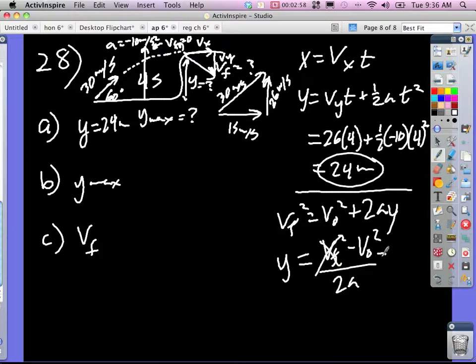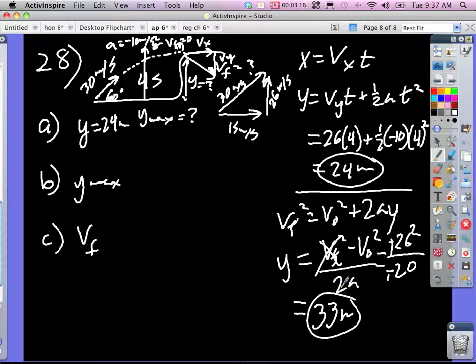That, of course, is 0, and you get 26 squared over -20. 25 squared is 625, so it's going to be around 30-something. I'm guessing around 33. So this is around 33 meters.